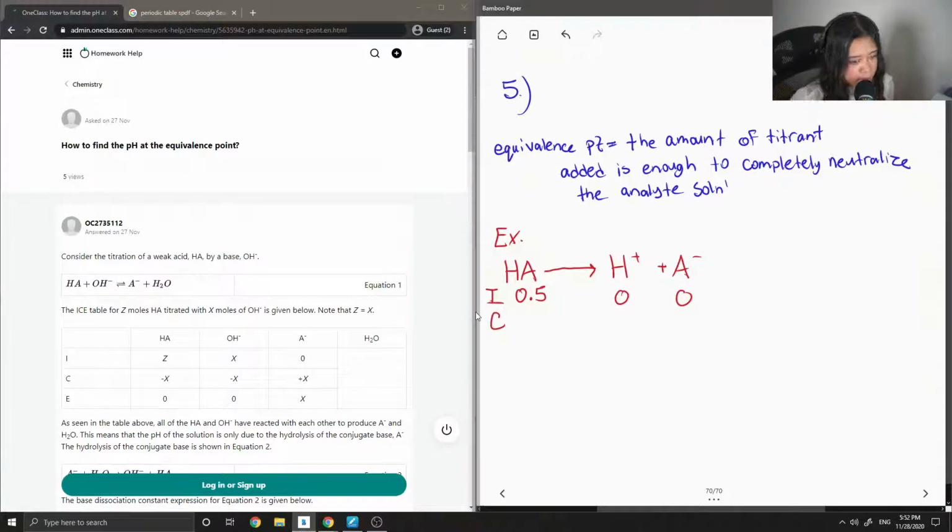The C means change. So during the reaction, there's going to be minus X change for the reactants as it is being turned to the products. So the change for the reactant is minus X, and for the products, it's plus X. Then lastly, at equilibrium, it's going to be 0.5 minus X, and X will be equal to the concentration of both of our products.